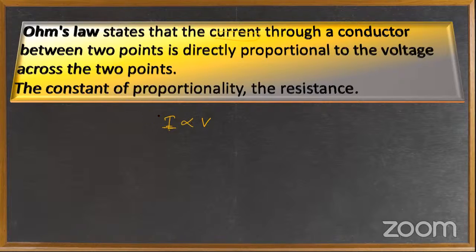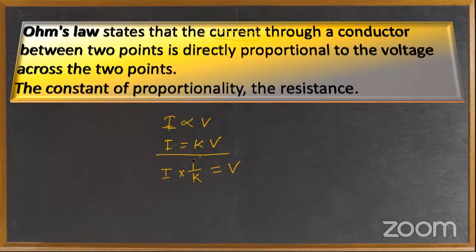Now mathematically, if I is directly proportional to V, we take a constant K, so I is equal to K V. Now I take this K to the left side: I into 1 upon K is equal to V. So current into this constant is equal to voltage.